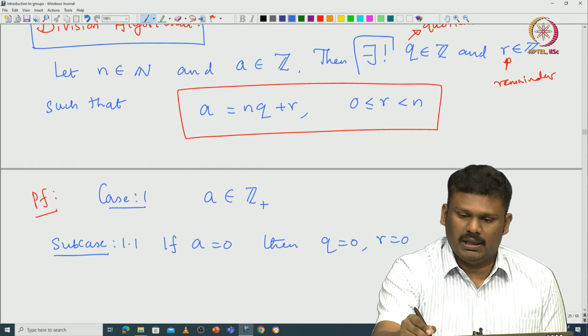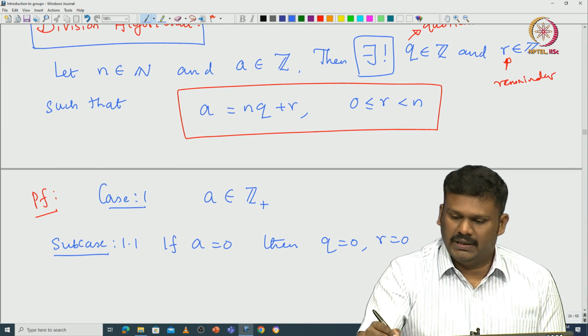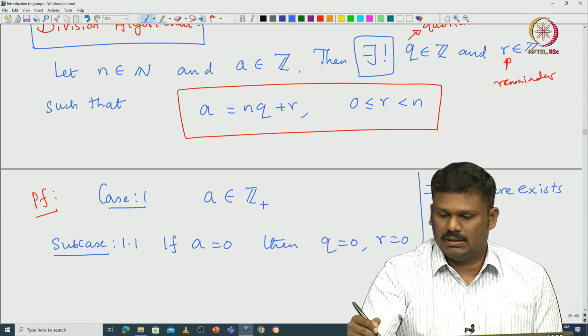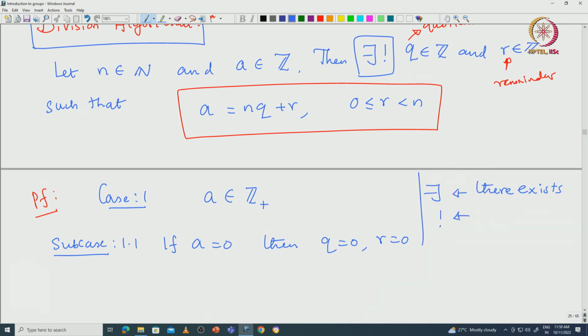So, this symbol I believe you must have seen. There exists is the symbol for there exists, and this exclamation mark is for unique. So, this symbol means there exist unique q and r in the integers satisfying this.